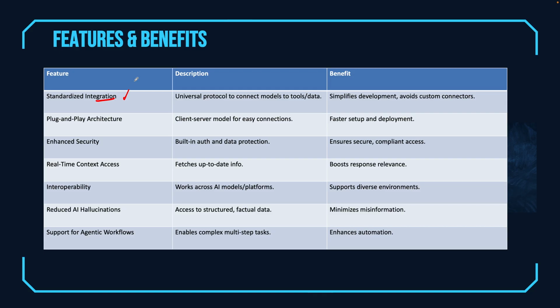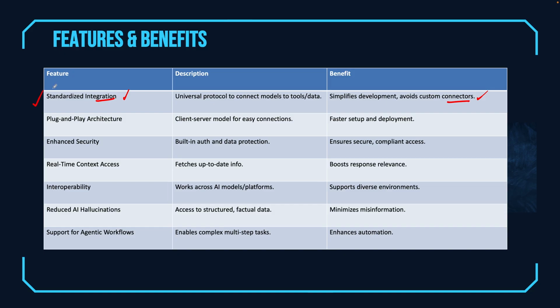Everybody agreed, Microsoft, AWS, Oracle, everybody agreed that if we have to connect a model to external data, we would be making use of MCP. So obviously the benefit is it simplifies the development and avoids custom connectors. The developers no longer need to build any kind of custom connectors, which they were doing previously, right?